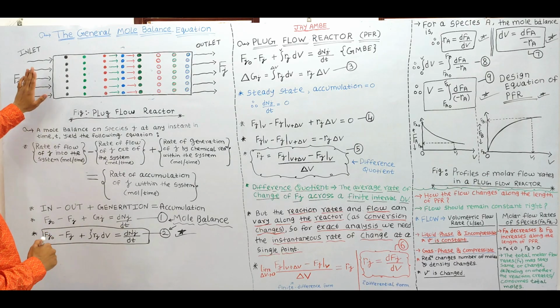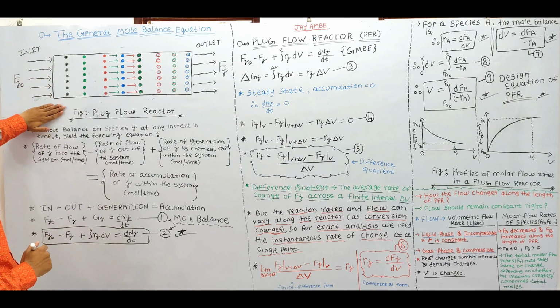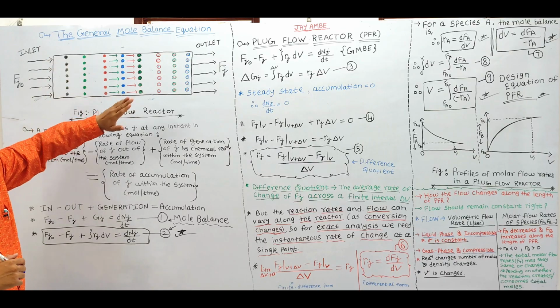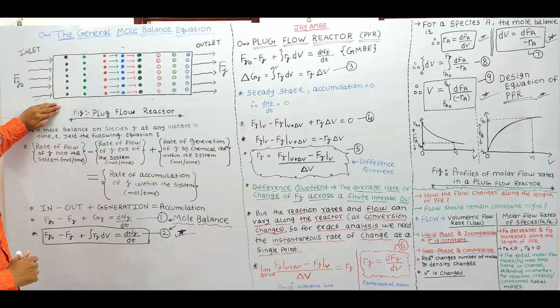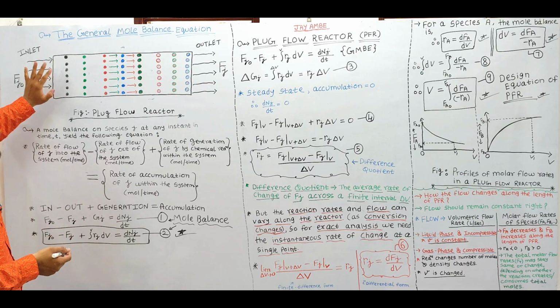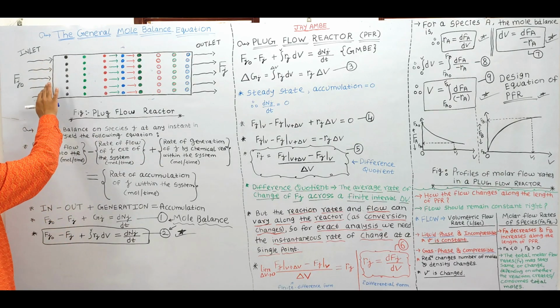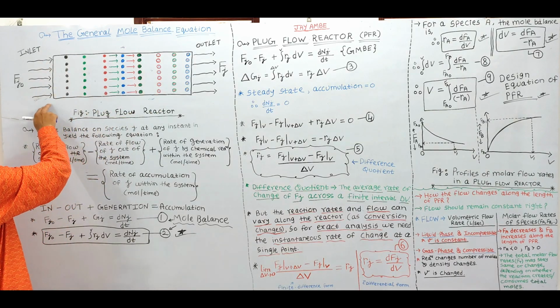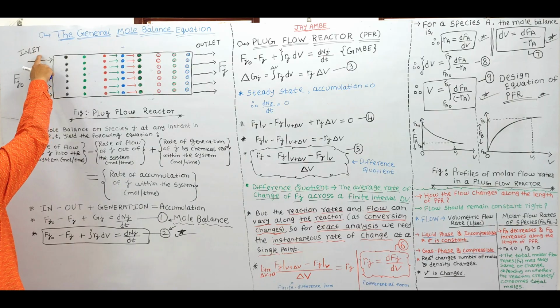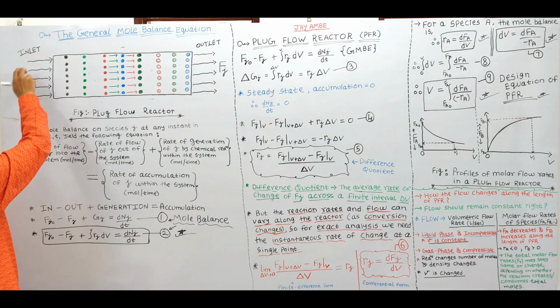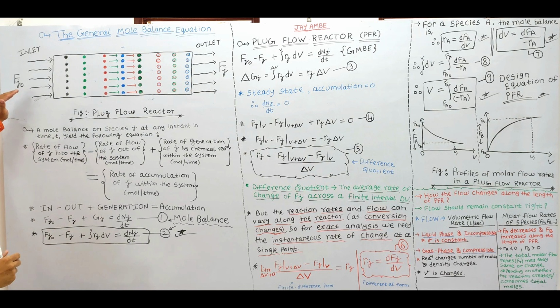This diagram represents the plug flow reactor. By understanding this diagram, we'll also understand how we apply the general mole balance equation on the plug flow reactor. We have the plug flow reactor with an inlet stream, through which the reactants flow into the reactor.